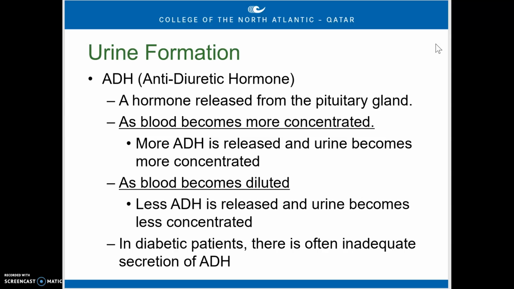If blood is quite diluted, we won't have as much ADH present, and the urine becomes less concentrated. One thing that we'll often see in diabetic patients is inadequate secretion of ADH. So they won't have as much ADH, and that's going to become a problem when it comes to regulating the volume of their urine as well as the concentration of their urine.